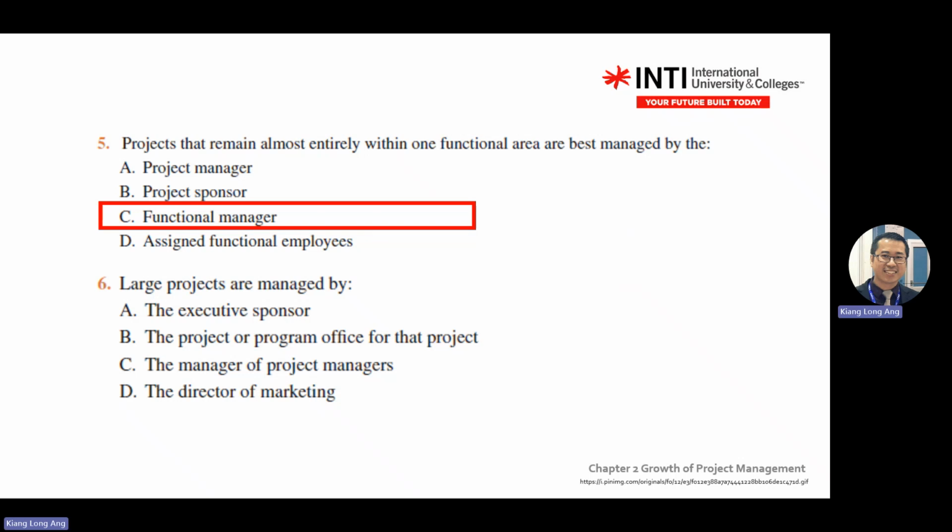Where does the project manager sit? There's no position called manager or project manager. Okay. Because this is a large project. Large project means the project is very big and very complex. So you need an office, a team. Office here means a team to help you run things. Okay.